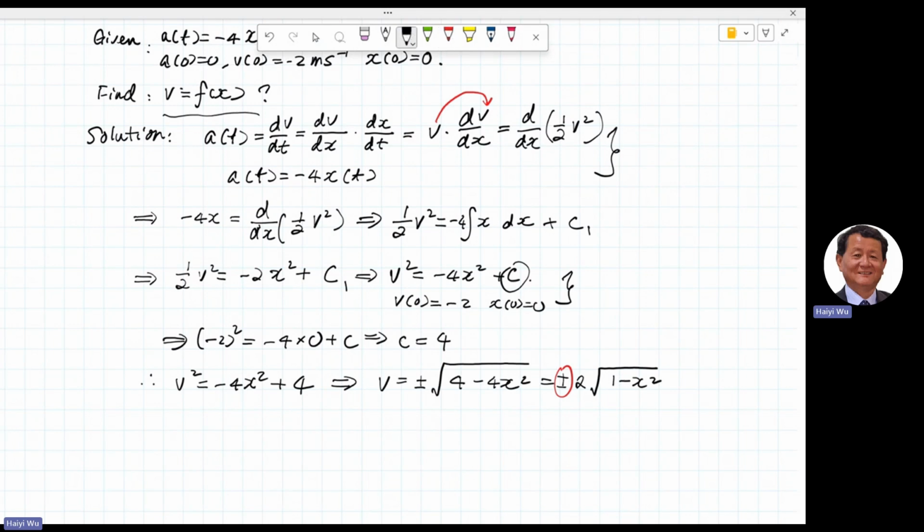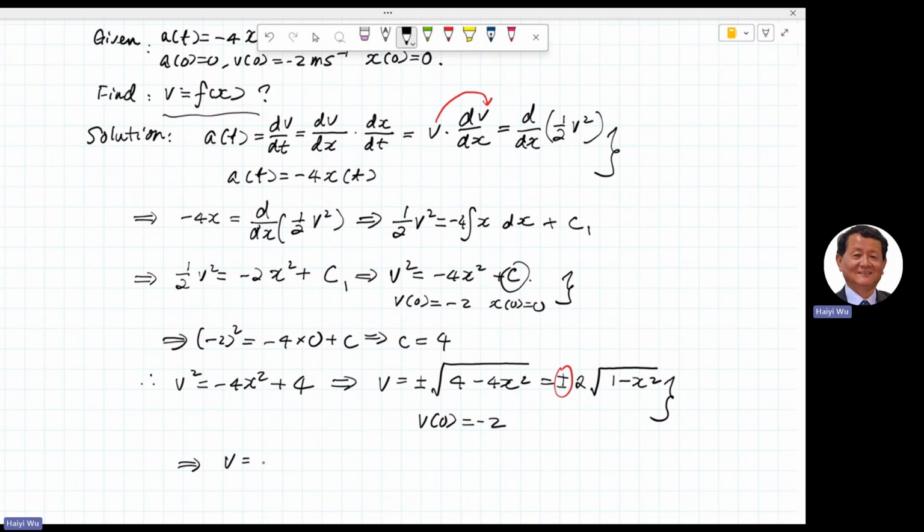Now, because we know the given condition at t = 0 was a negative velocity, I'm going to choose the negative. Otherwise, you wouldn't get negative 2. If you substitute x = 0 into that, v should be negative 2.